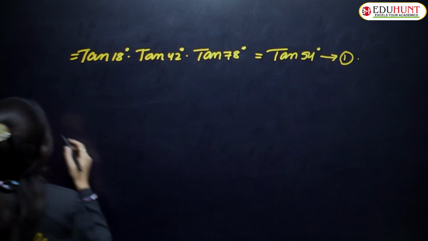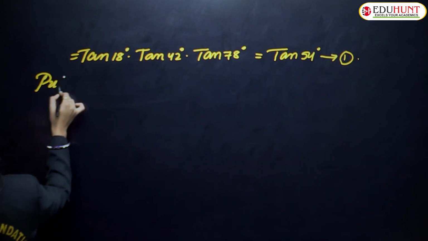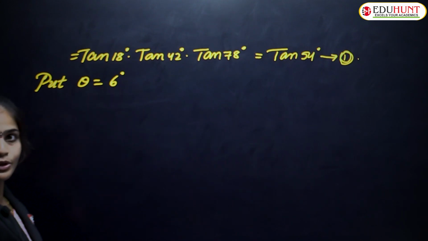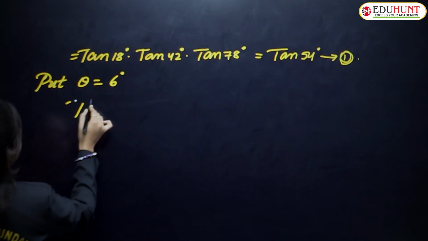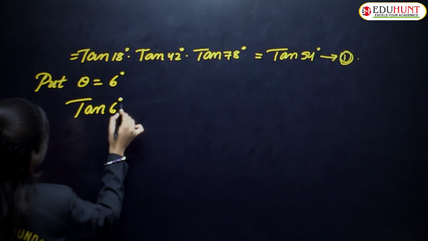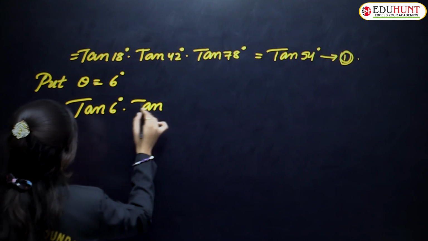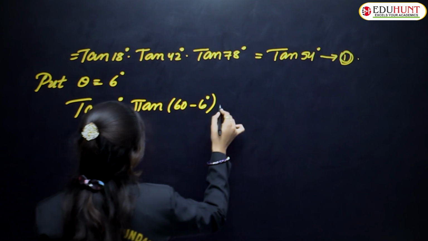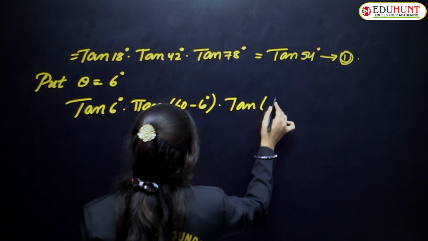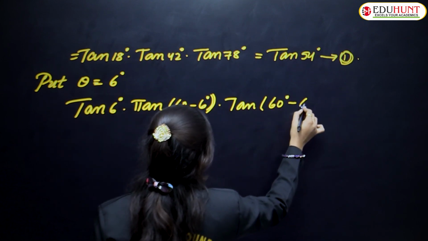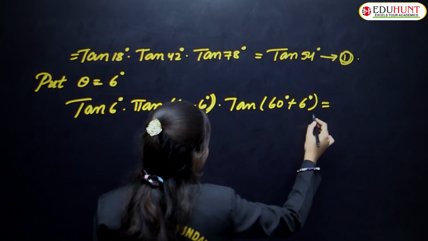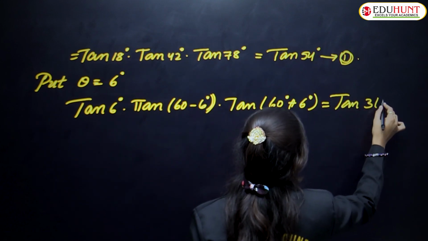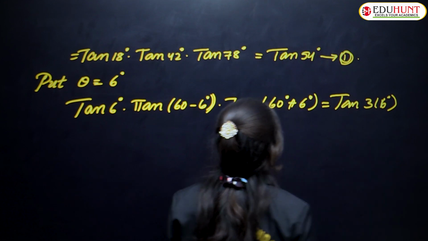Okay, now put theta is equal to 6 degrees. So tan 6 degrees, tan 60 minus 6 degrees into tan 60 degrees plus 6 degrees, which is equal to tan 3 into 6 degrees.